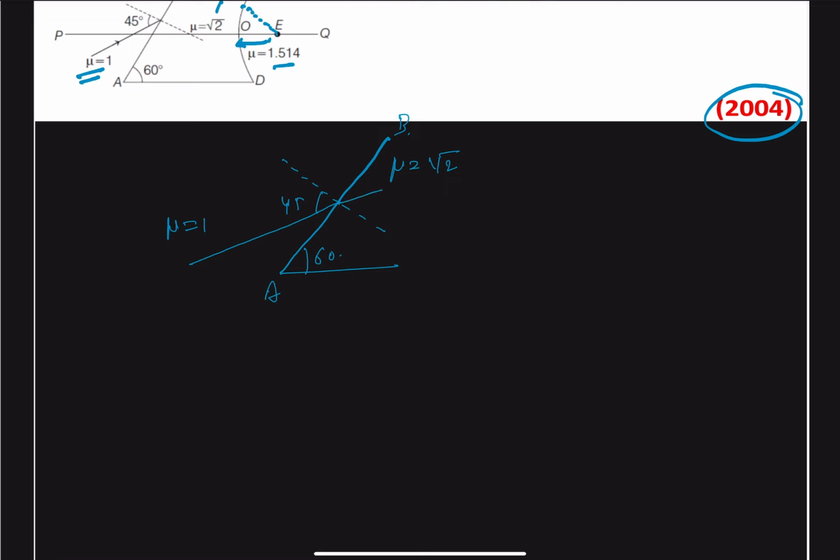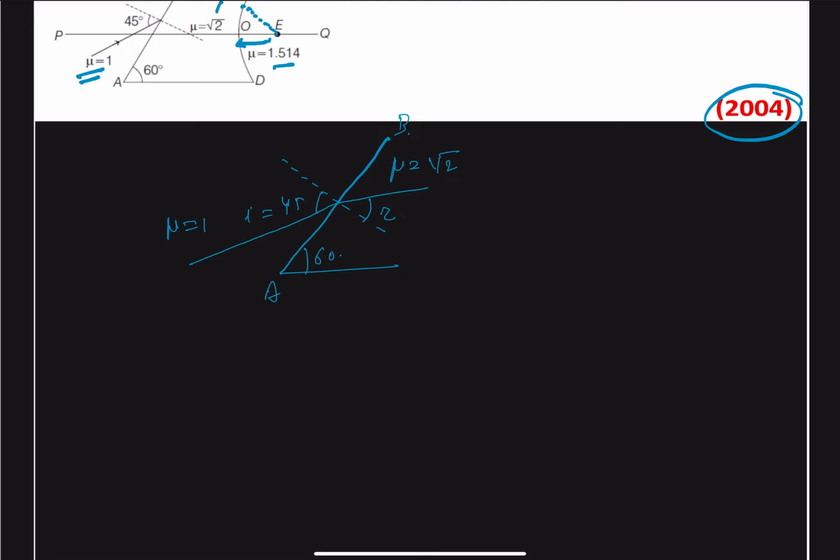Say it is going to bend towards the normal in this way, and let us find out what will be this angle. Let us call this as R, and this is the incident angle, that is our 45 degree.